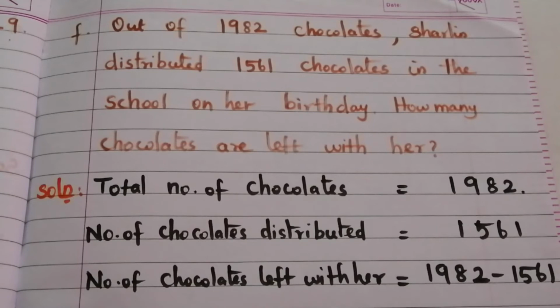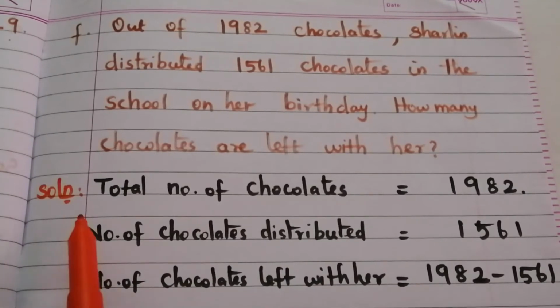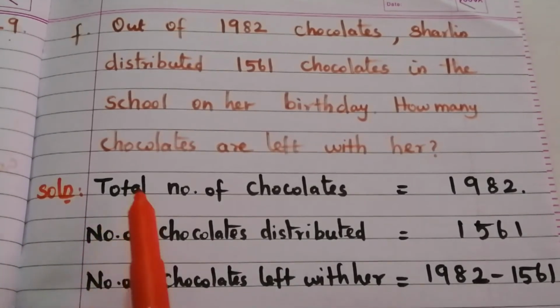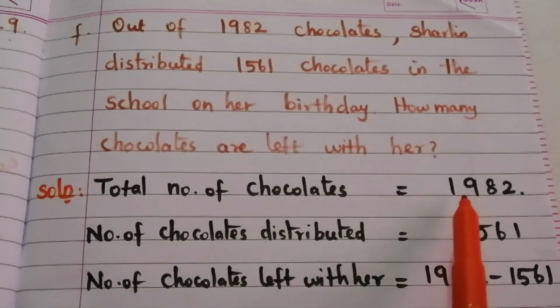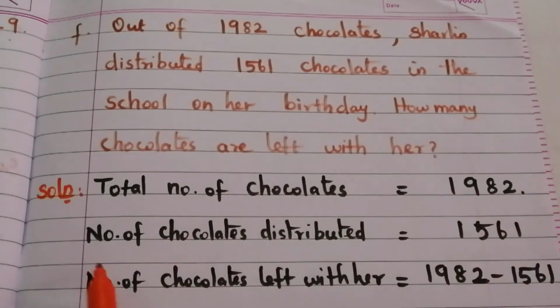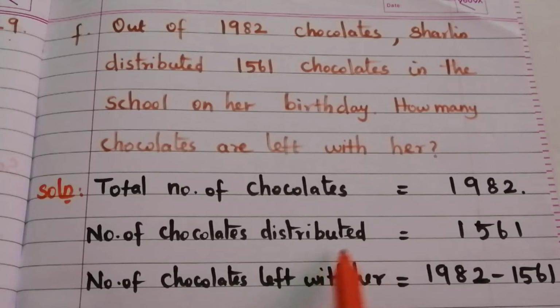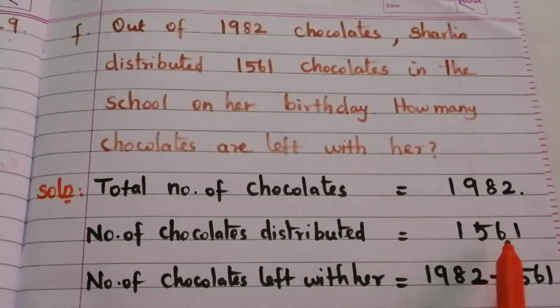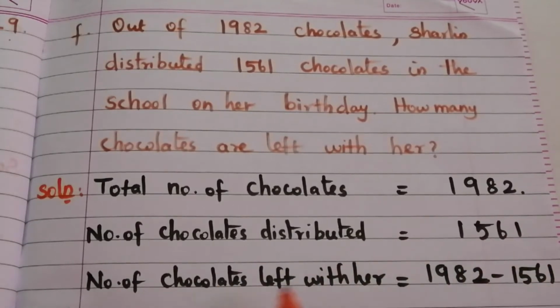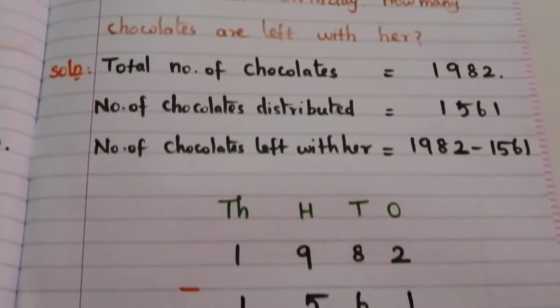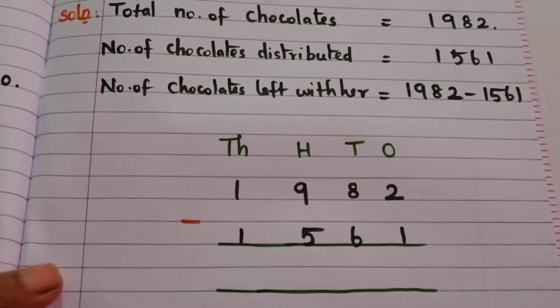So we do the subtraction operation. In solution part, we write total number of chocolates equals 1982 and number of chocolates distributed equals 1561. So number of chocolates left with her equals 1982 minus 1561.